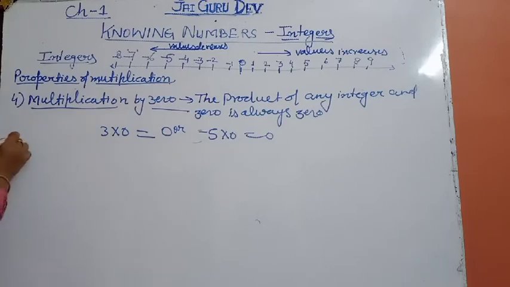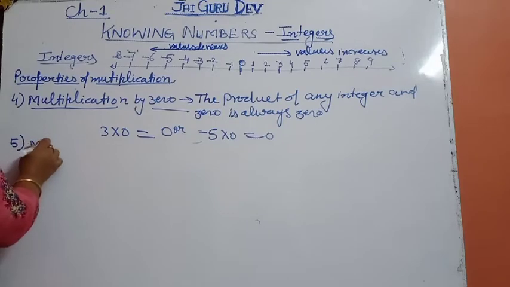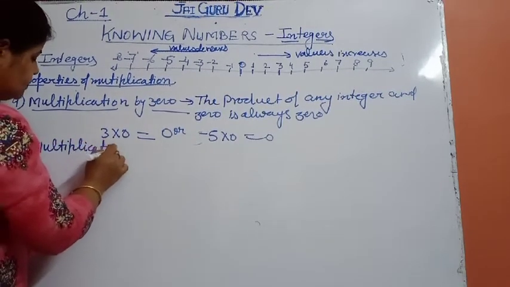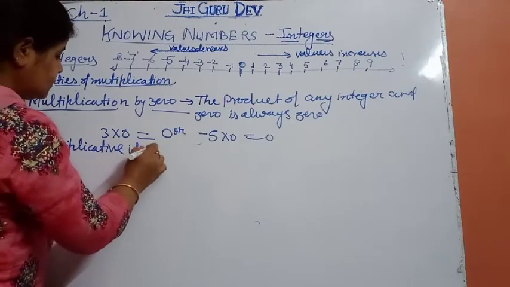Now the next rule is multiplicative identity.